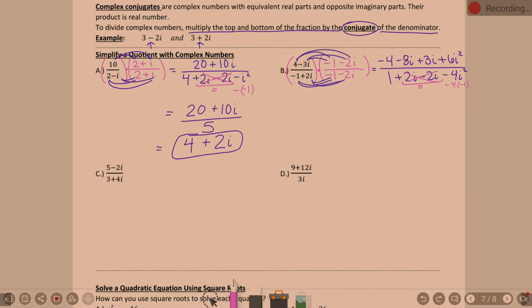So it's negative 4 times negative 1, which is really just going to become a plus 4. What about this plus 6i squared up here? It's 6 times negative 1, which is really just going to become a minus 6, right? You can get in that habit of, oh, minus 4i squared, that's plus 4. Plus 6i squared, that's minus 6.